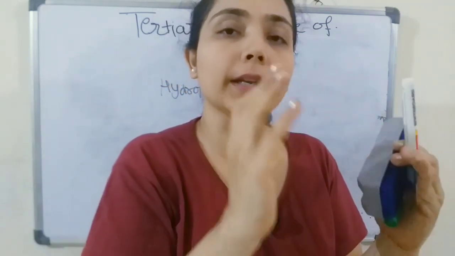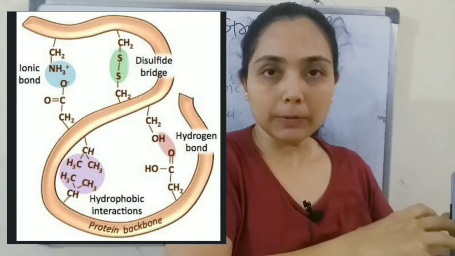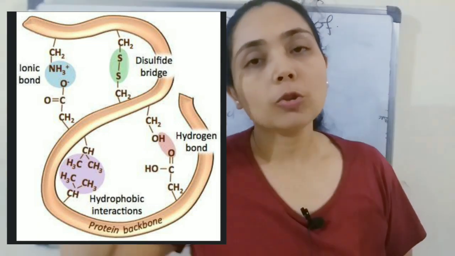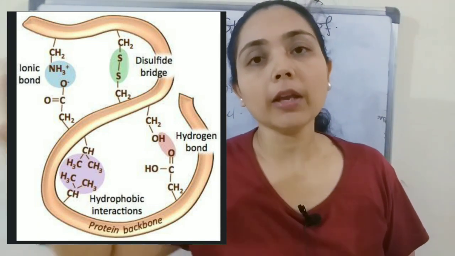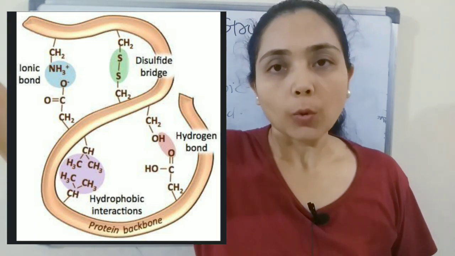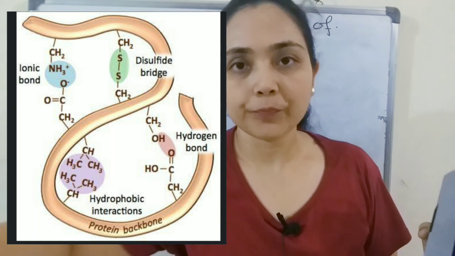These hydrophobic interactions are generally present in the interior of the polypeptide or protein, and the others, like the ionic or polar groups, are present at the surface of the protein and interact with the outside surface, which is water.